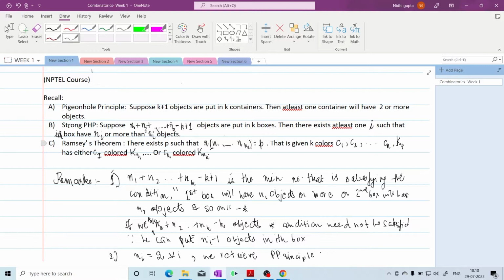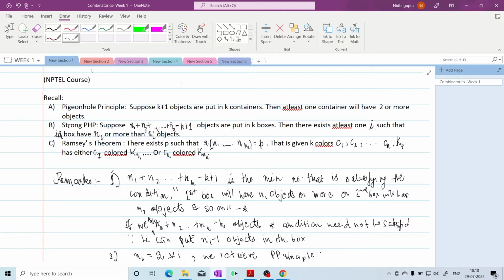So what is the Ramsey number? If we have k colors c1 till ck, and if the Ramsey number for n1 till nk is p, it says that if we take a complete graph Kp with p vertices, and color it with these k colors, then in that Kp we'll have either a c1-colored Kn1, or a c2-colored Kn2, or a ck-colored Knk.